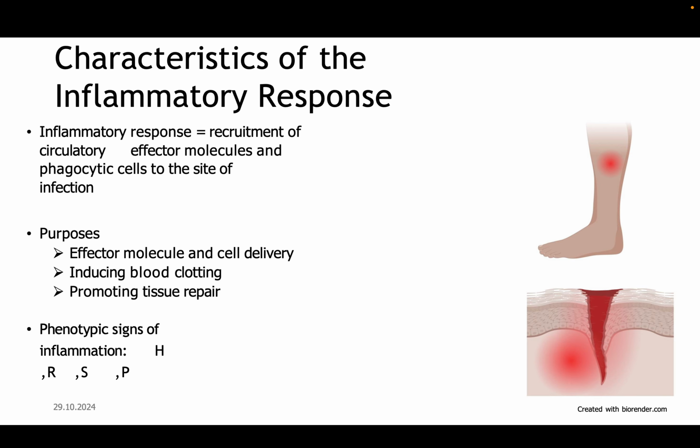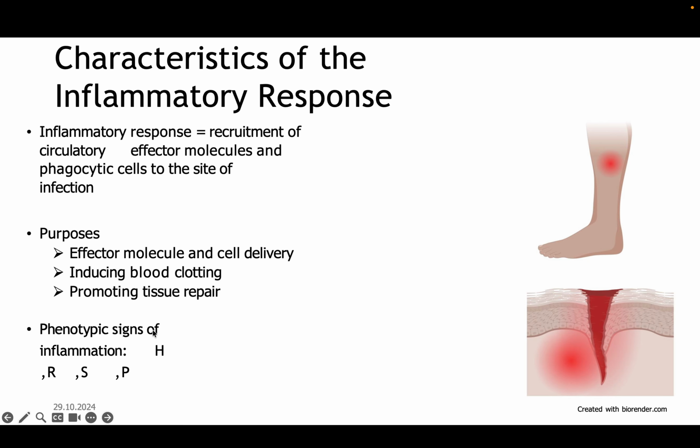So we need to carry out effector molecules and cell delivery to the site of infection to come in and kill the microorganisms, but also to induce blood clotting and promote tissue repair, because we need, first of all, to stop the bleeding and also fix the tissue that has been damaged.